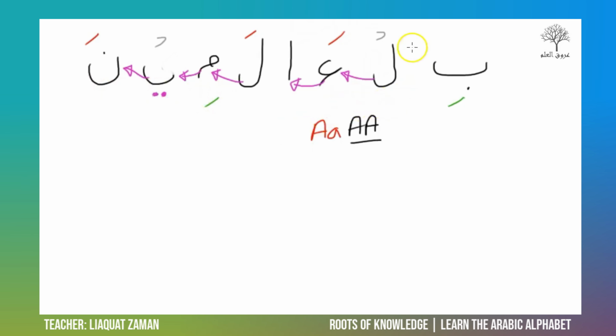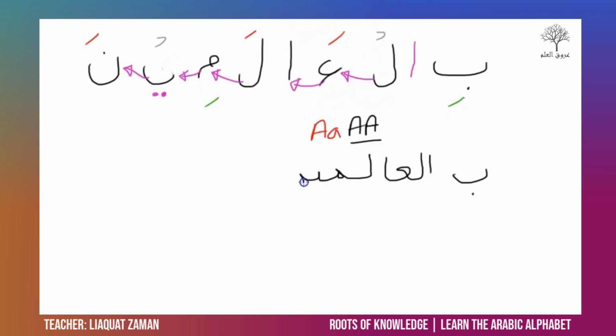just before the lam. So it's written there. So it's pronounced as bil alamina. So if you look at it in the Quran, you'll find it written in this format. So bil alamina.